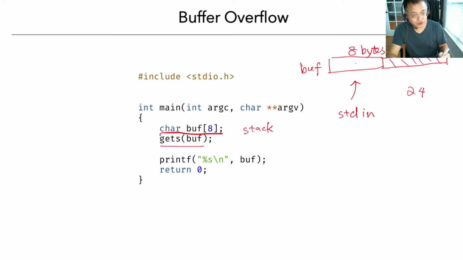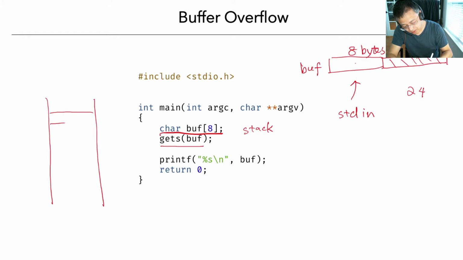So if we draw the memory layout of this function, for main we have the return address.